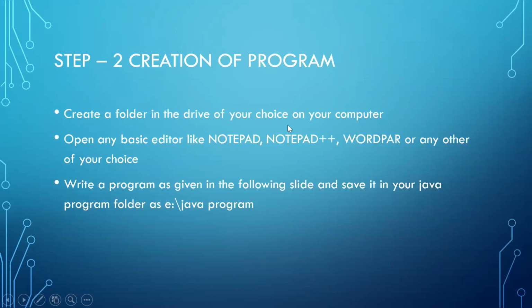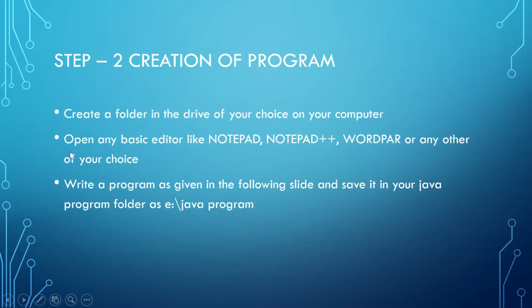Now the next step is the creation of a program. So you have to close that Java folder. Now create a folder in a drive of your choice where you can save all your Java programs. For example, I created a folder named Java program on the E drive only.